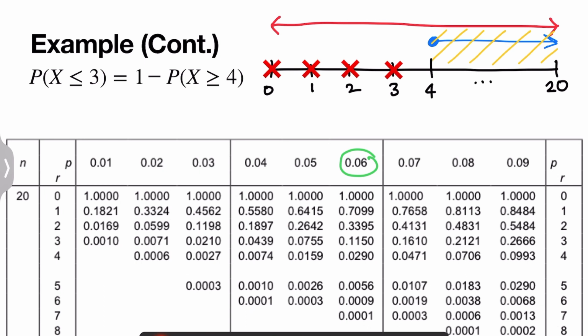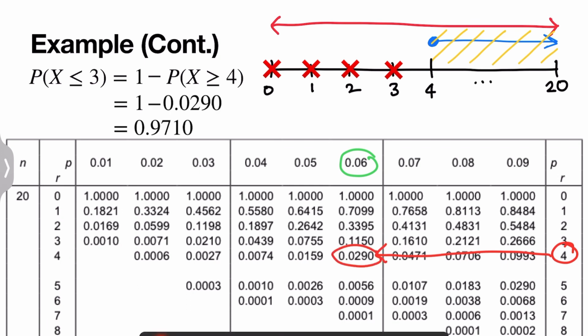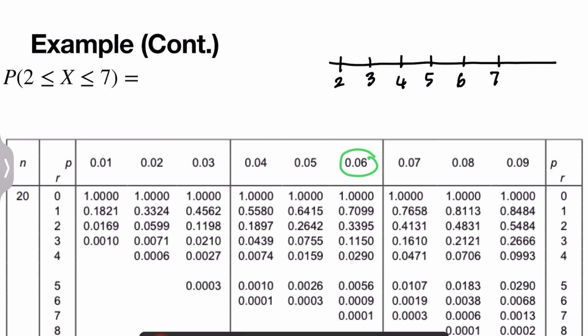Yang ni dah cari dah tadi. We already find the probability of x greater than or equals to 4, 0.00290. So nanti akan dapat 0.9710.